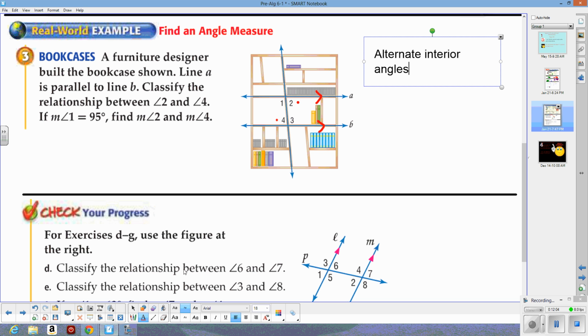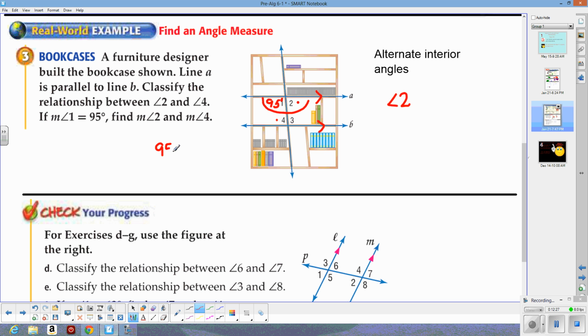Now, if angle 1 is 95 degrees, we can figure out the measurement of angle 2 and angle 4. Angle 2's measurement: these two angles right here are supplementary, meaning they total 180 degrees. So 95 plus the one we don't know, we'll call it x. 95 plus x equals 180 degrees.